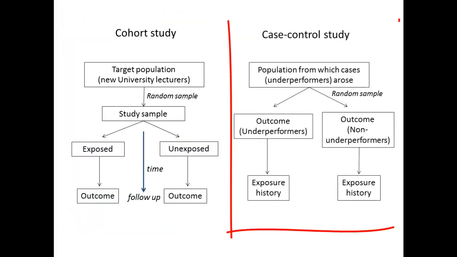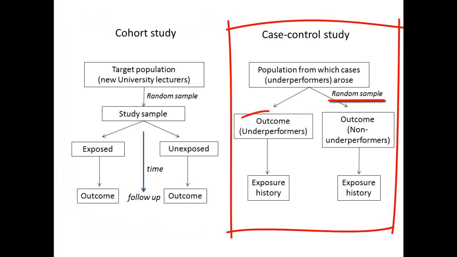In a case control study, we could take a random sample of underperformers, i.e. the outcome, and a random sample of good performers extracted from the same population which generated the cases, and then look back in time and ask questions about their caffeine intake.